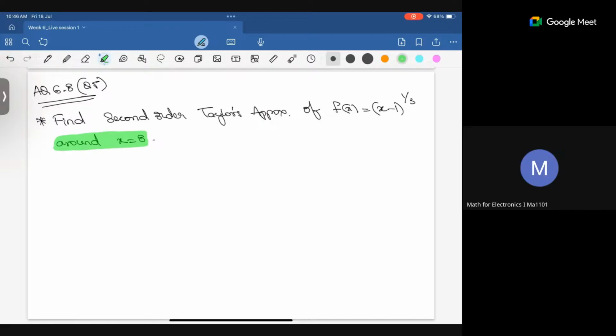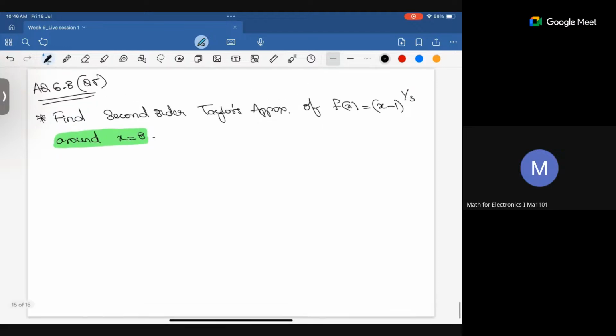Right, so this is the value of a. What we have to find is the second order approximation term, not the actual Taylor series. We don't need the Taylor series. They are asking for the approximation. Right, so all we need is without the error term. So they asked for second order Taylor's approximation.